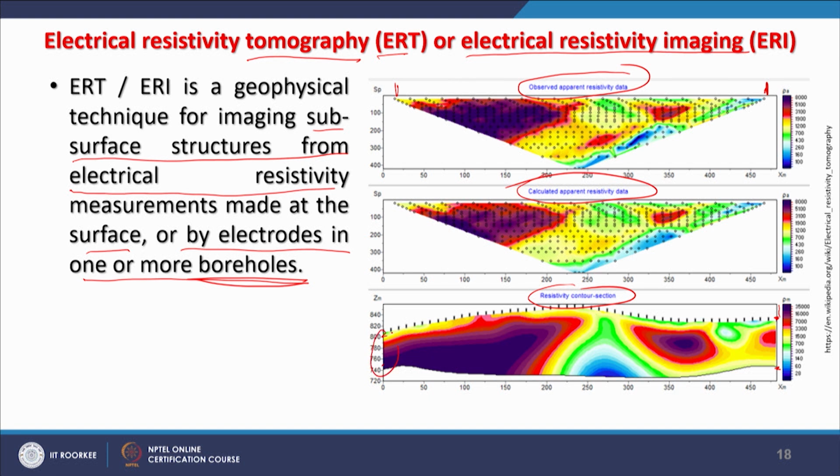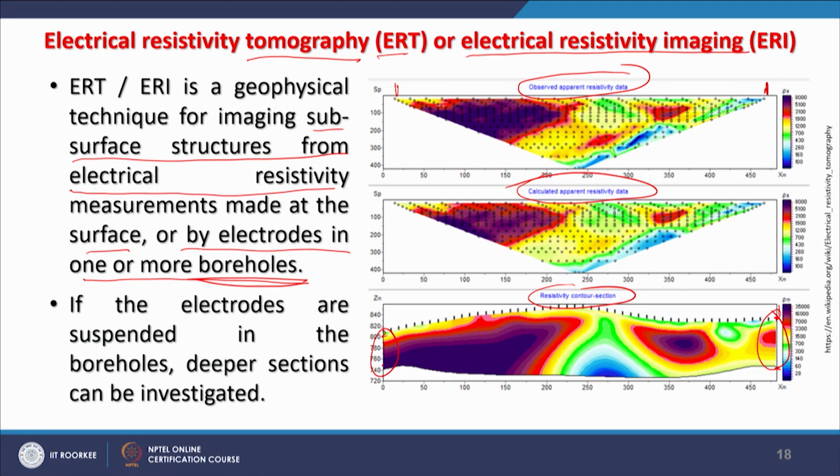So, the information coming through these two boreholes in one place, compared to what we get through surface methods, is the advantage. A better understanding can be obtained through this tomography if we have the possibility of drilling some exploratory boreholes. If the electrodes are suspended in the boreholes, deeper sections can be investigated, as we are seeing in the bottom figure.